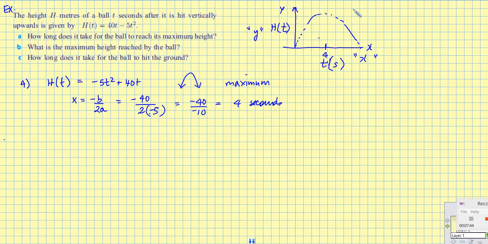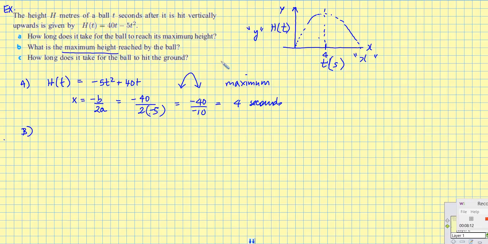So that answers my first question, how long does it take for the ball to reach the maximum height? Well, because x is referring to the x-axis, and along the x-axis we have time, then that means that it takes 4 seconds for the ball to reach its maximum height.